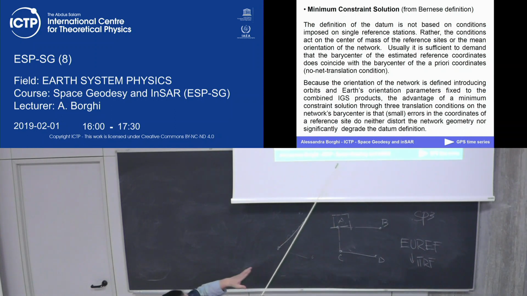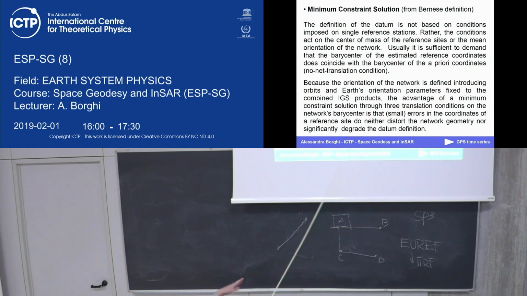I've written a lot of things. The definition of the datum is not based on the condition imposed on a single reference station. Rather, the condition acts on the center of mass of the reference site or the mean orientation of the network. So we use this network composed of the stations, and we check the center of mass of this, not every single station, we don't fix any station.